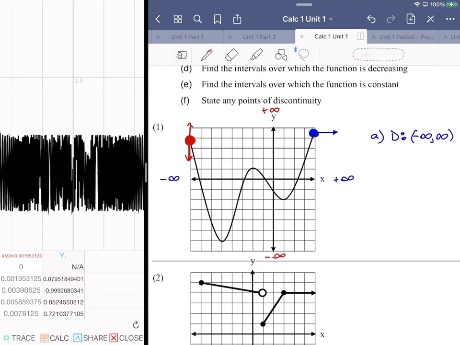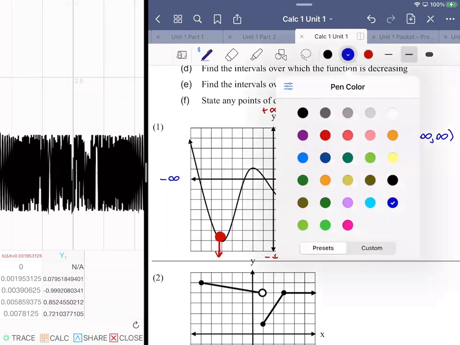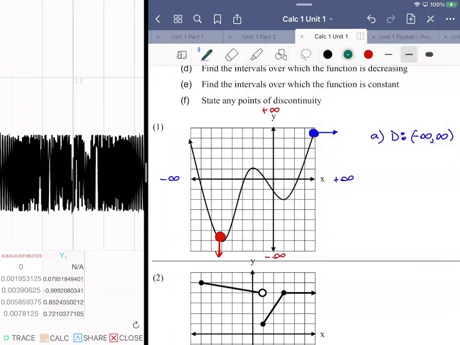So this graph is starting off at positive infinity somewhere, and then we're going to decrease. So we're going down. On this interval, we're going down from left to right. The question is, will I always be going down? Well, no, because once I get to this location, I'm now going to be going up.